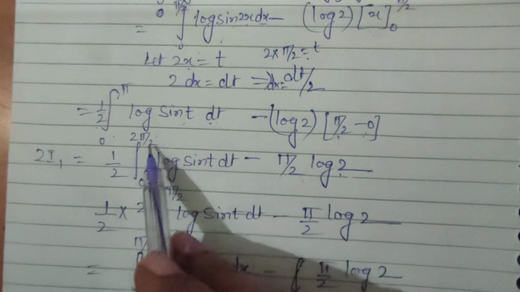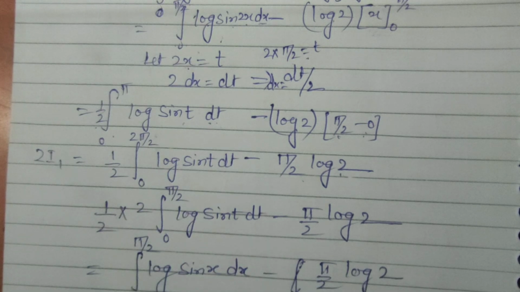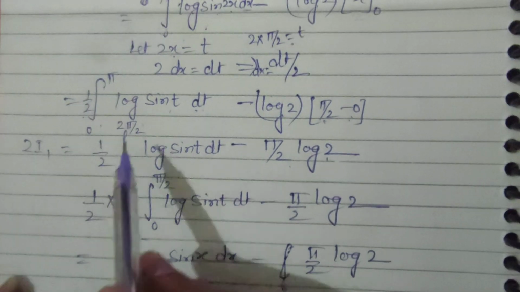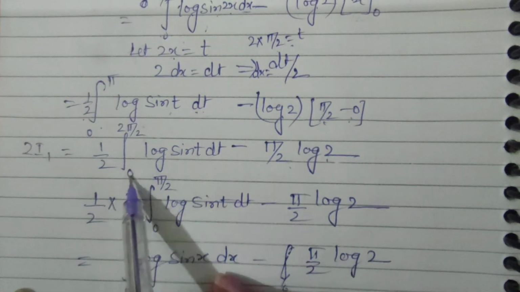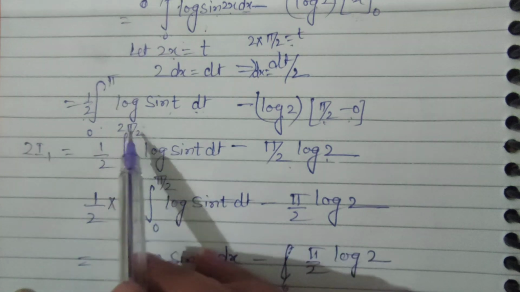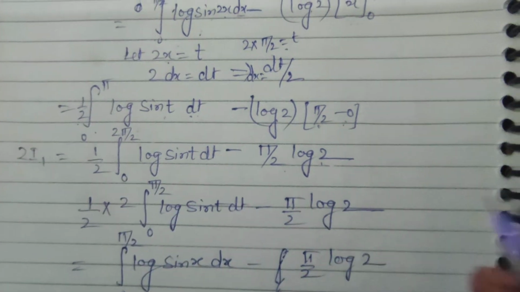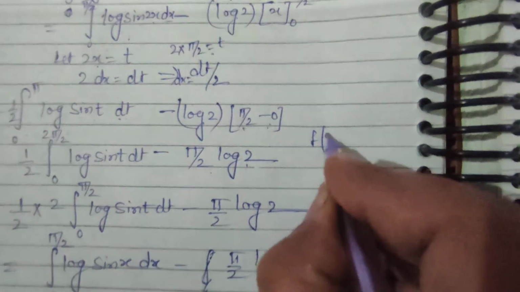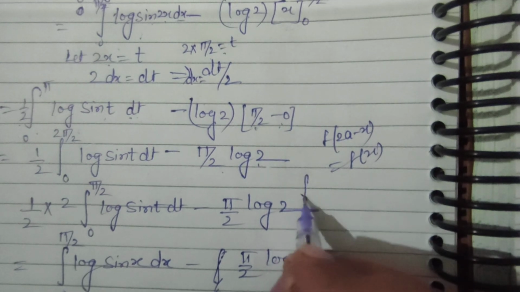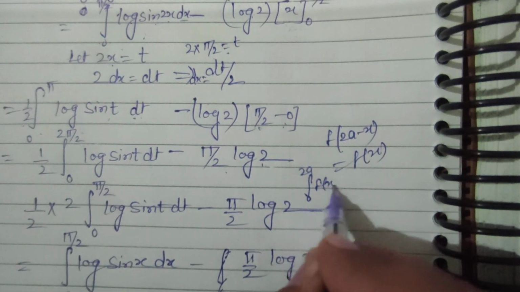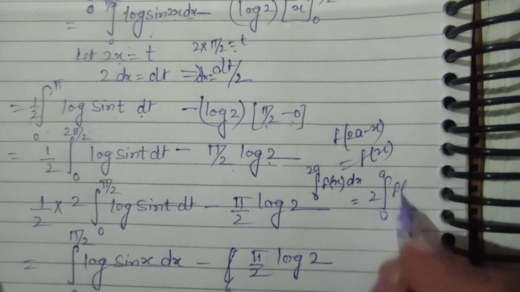Again we will use that property, the second last property. For log sin t, limit 0 to pi, we can write pi as 2 into pi by 2, so it is 2a. If f(2a minus x) is equal to f(x), then we can write the integral from 0 to 2a of f(x) dx as double the integral from 0 to a of f(x) dx.